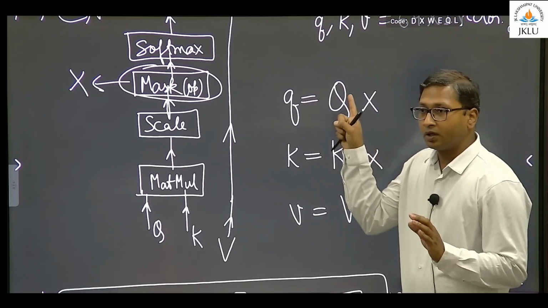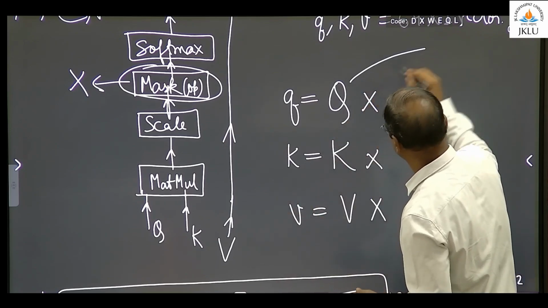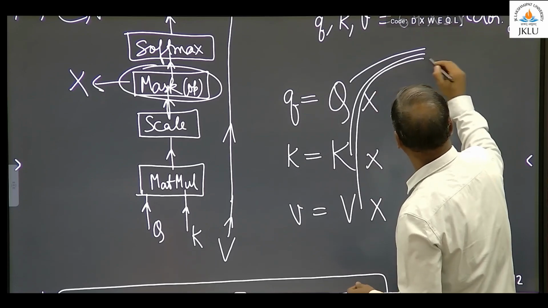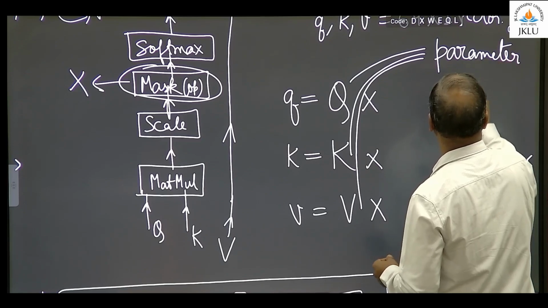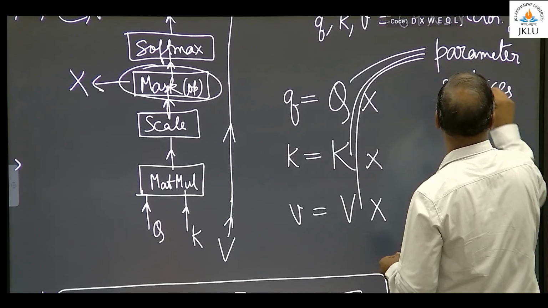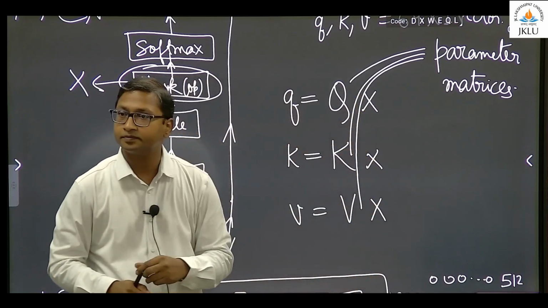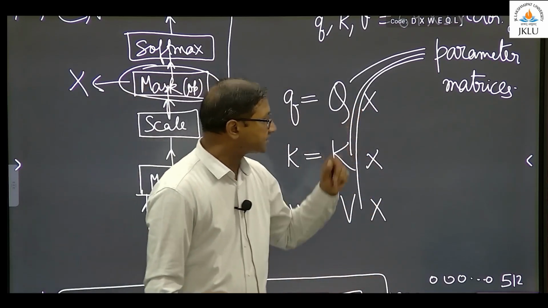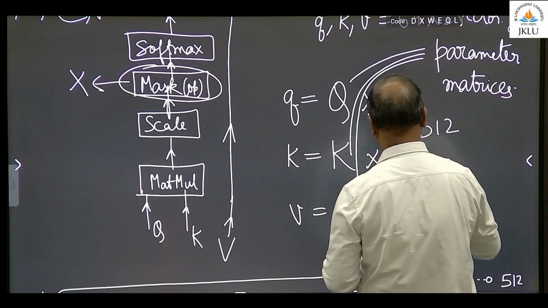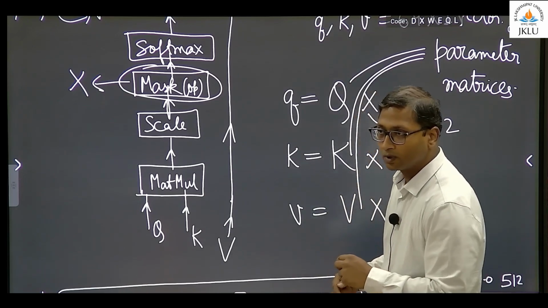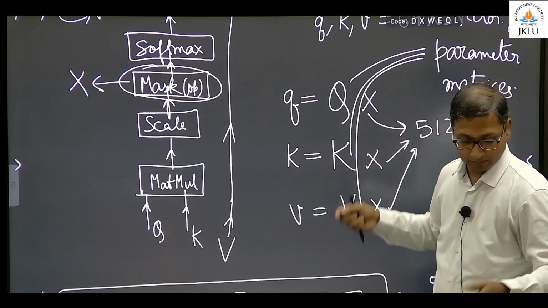Q, K, V, what are they? These are my parameter matrices. What are x's? What are the dimensions of x? 512. Is this the same x? Which x is this, x1, x2, x3?